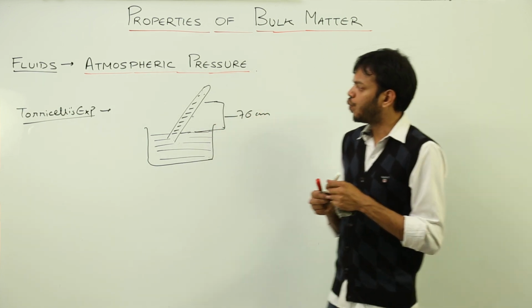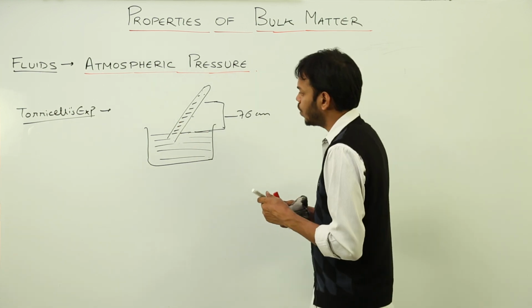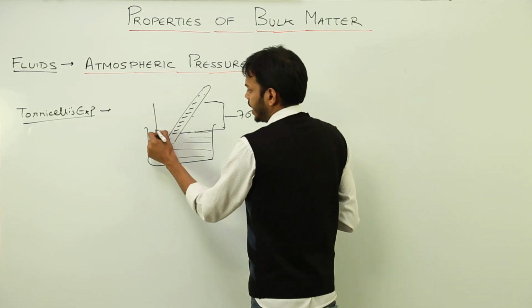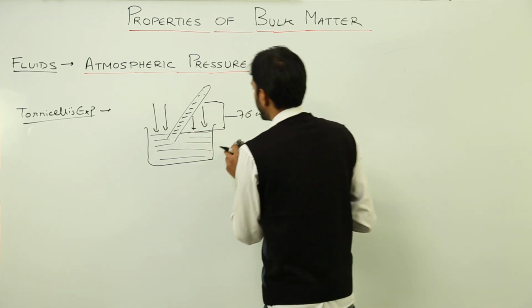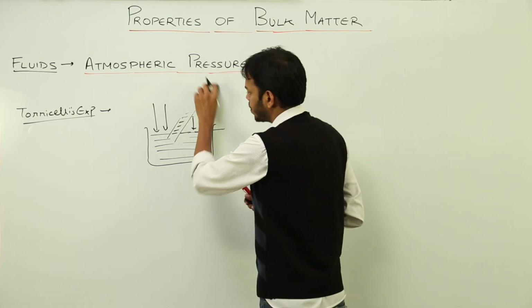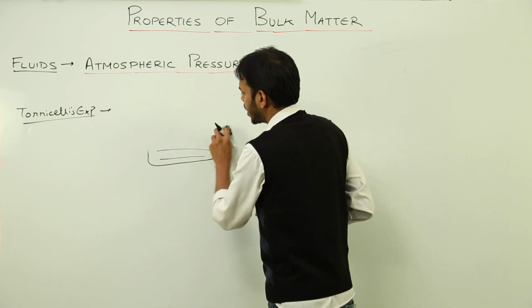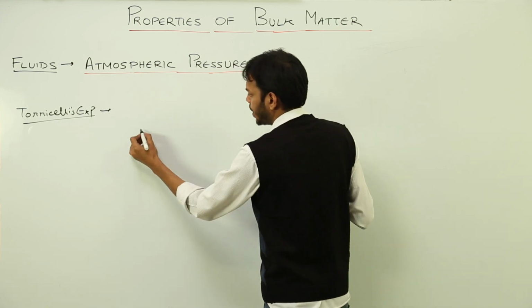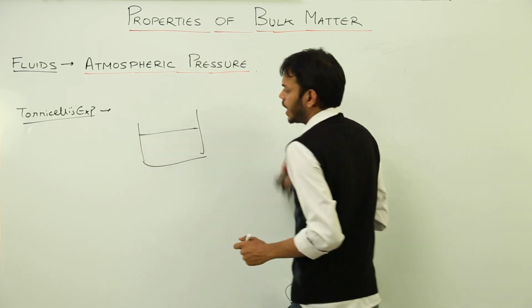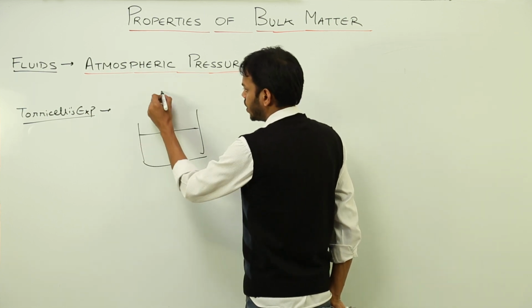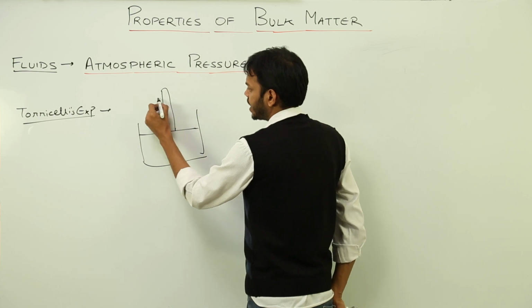The explanation of Torricelli's theory was that atmospheric pressure is applicable on the open side of the mercury. I'll draw this diagram again. This is our beaker filled with mercury, and this is our tube where 76 centimeter of mercury is there.